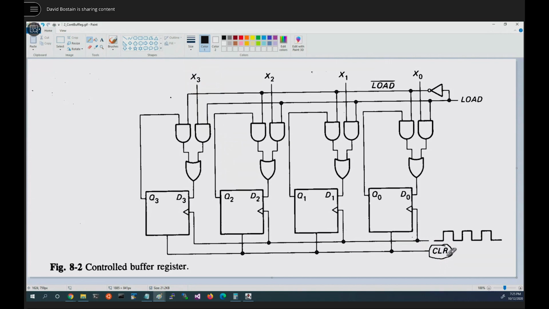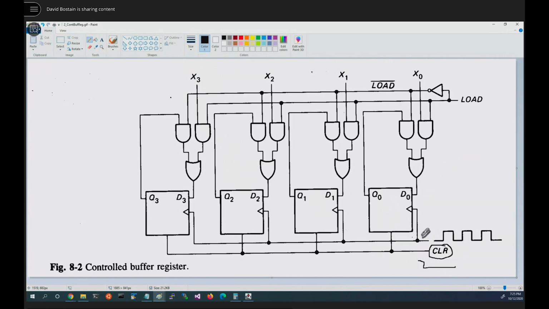Anybody want to tell me what it would mean if I took that signal to 0? Yeah, your Q would turn to 0. Right. What happened is this clear is asynchronous, so immediately Q would be 0, and as long as clear was held low, it would stay at 0. Nothing else would happen. It would just hold it at 0.